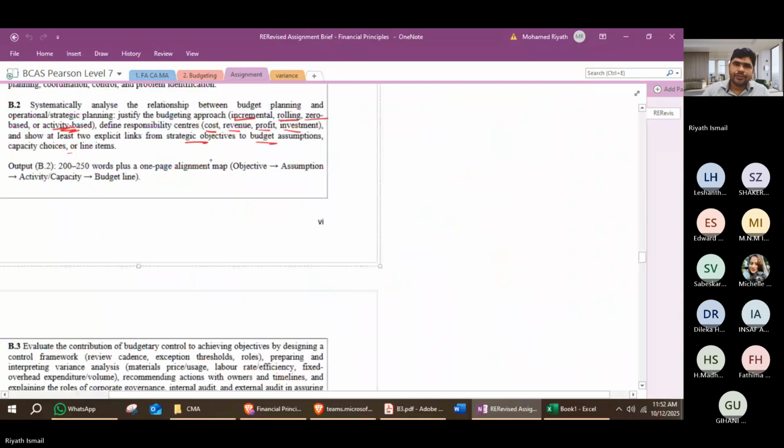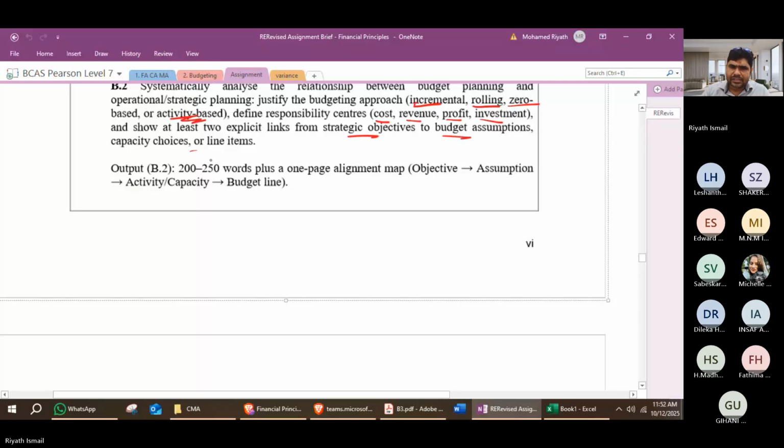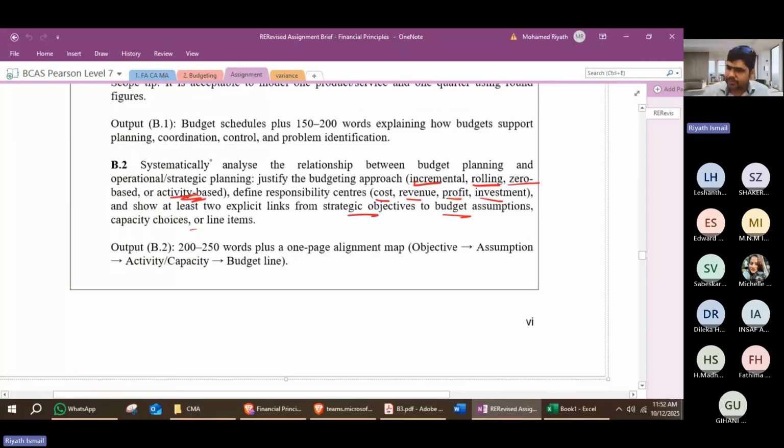Then we have to link these things with the budget. Just read this assessment B2. I give you one minute. Read this assessment and see how you can link this question with cost center, revenue center, profit center, and the budget.